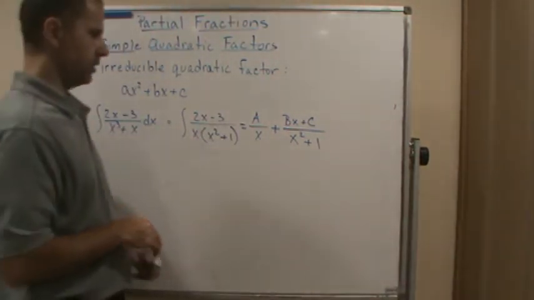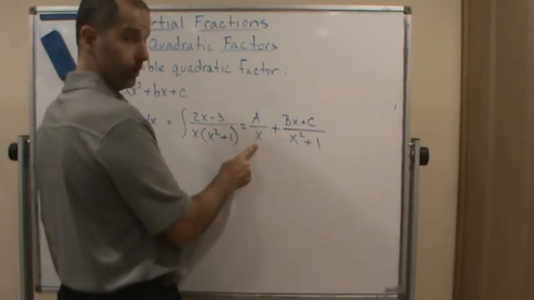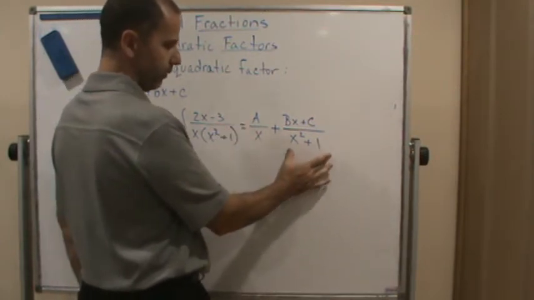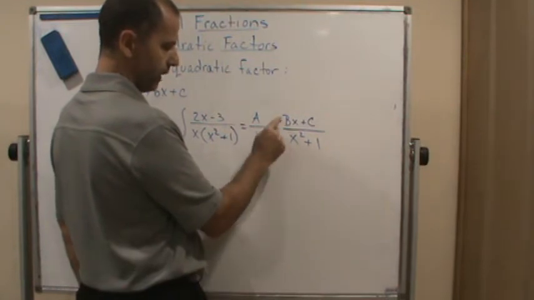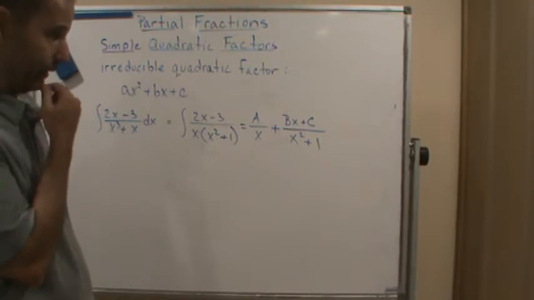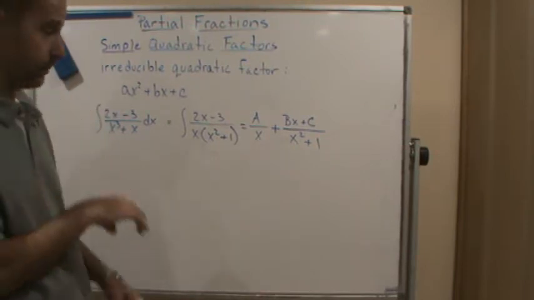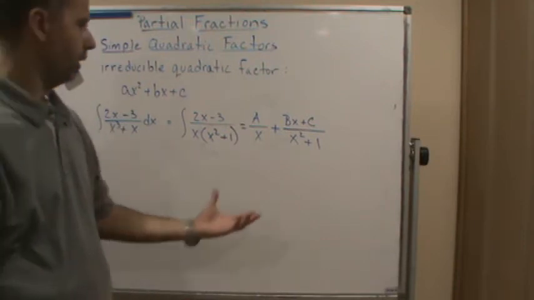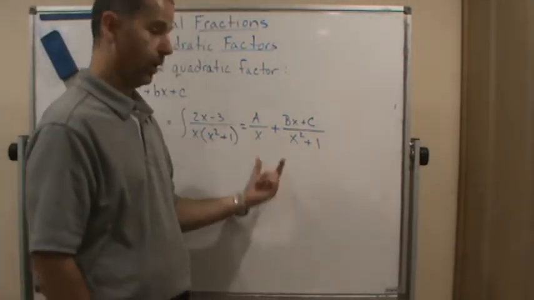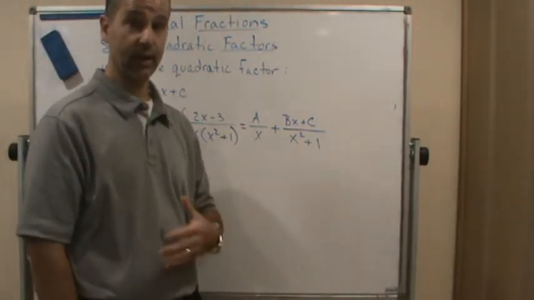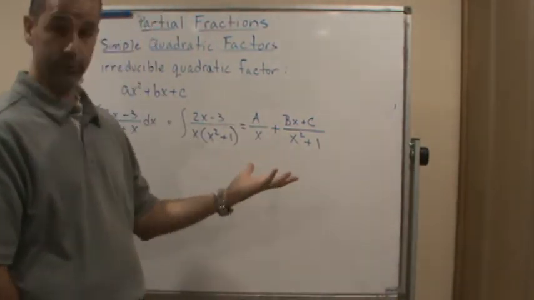In other words, when we're dealing with linear factors, we have a constant on the top. When we have irreducible quadratic factors, we have a linear expression on the top, ax plus b, or in this case bx plus c, since we're already using a over here. Now we're done with the setup, and we just have to solve for the constants.